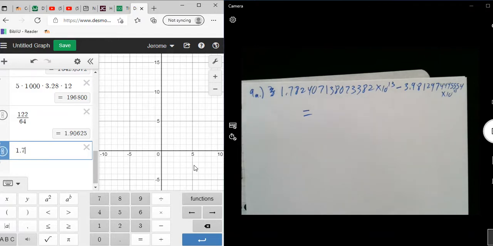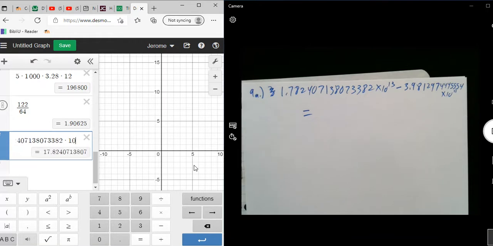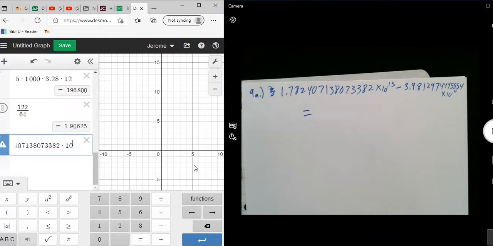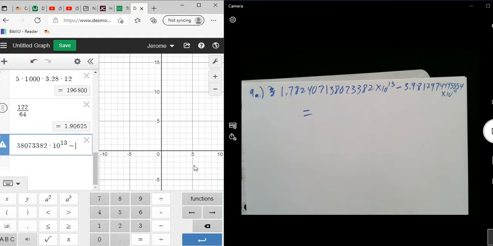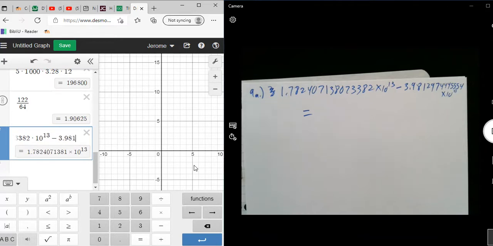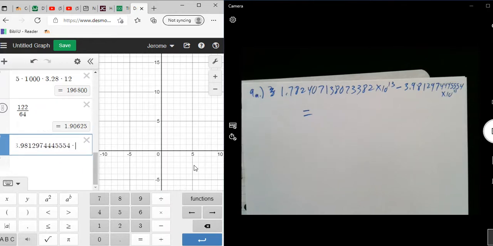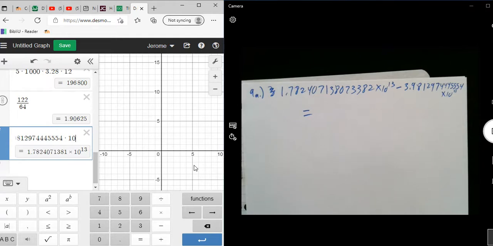So we have 1.7824071338073382 times 10 to the 13th power, minus 3.98129734354 times 10 to the 11th power.